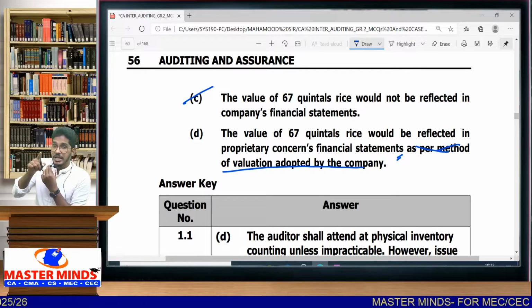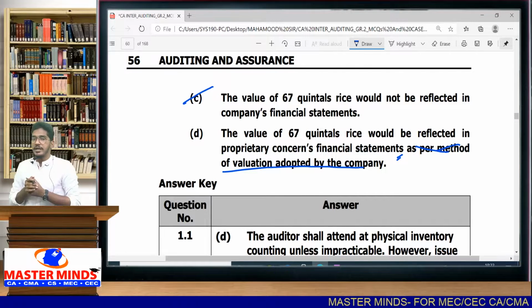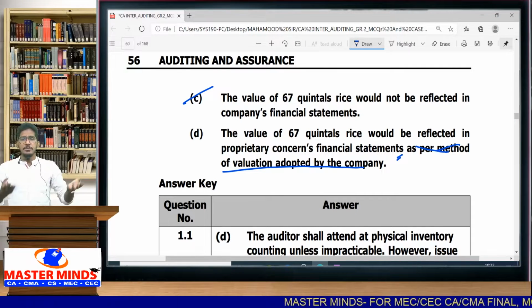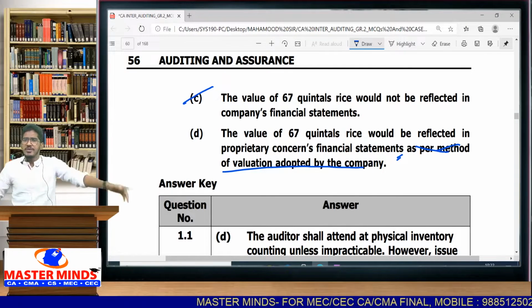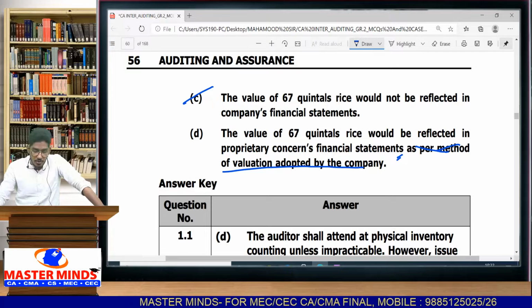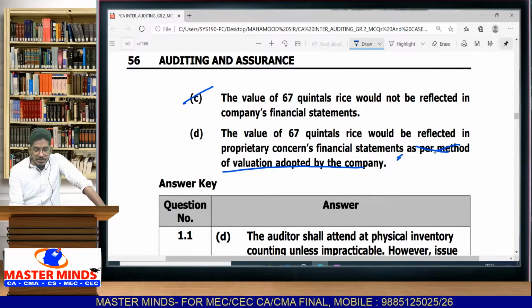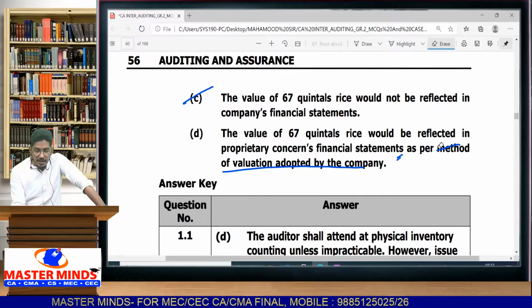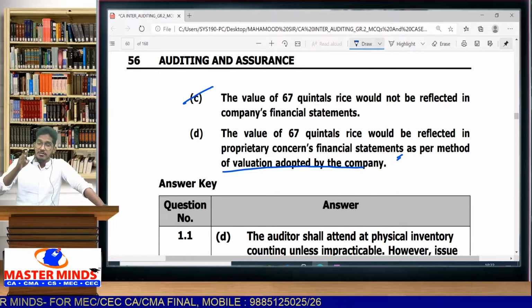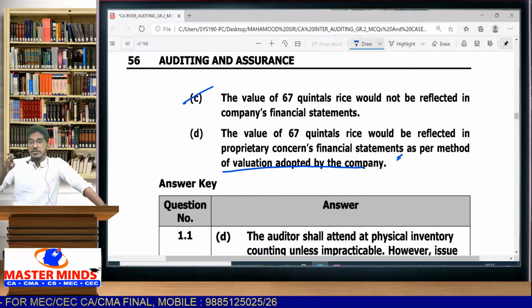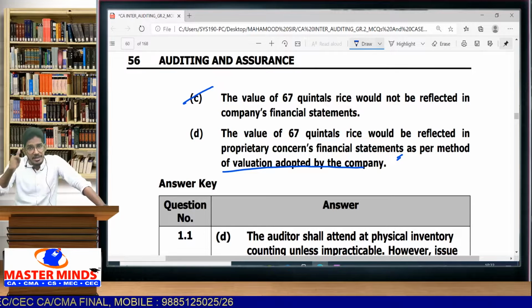But according to what method will the proprietary concern value them? According to the method which the proprietary concern is following. Why would they take into account the company's valuation method? If it says the value would be reflected as per the valuation adopted by the proprietary concern, then it is correct.